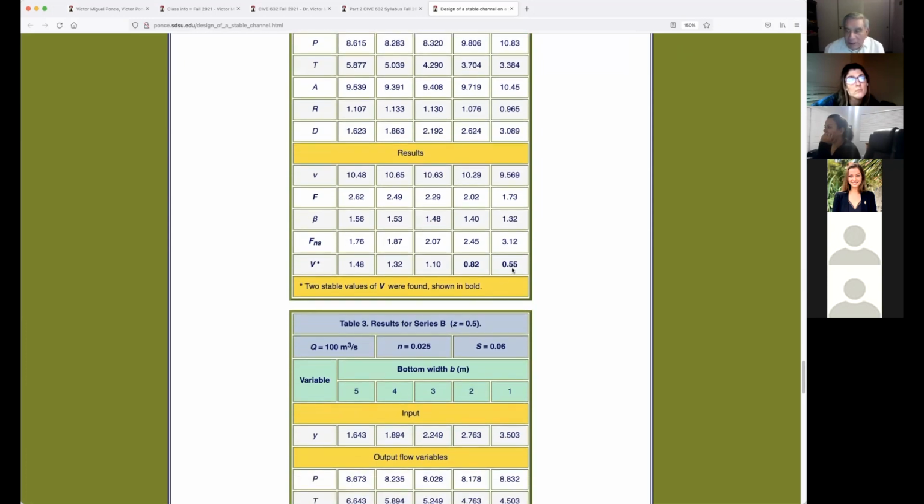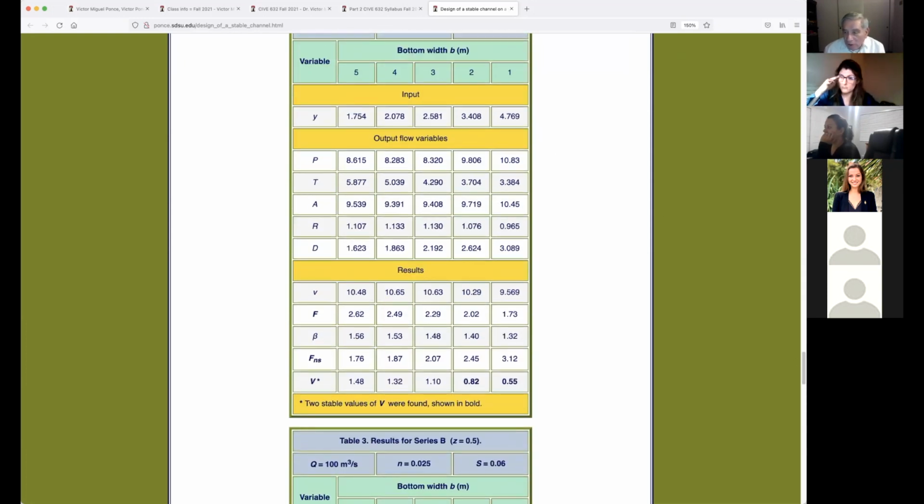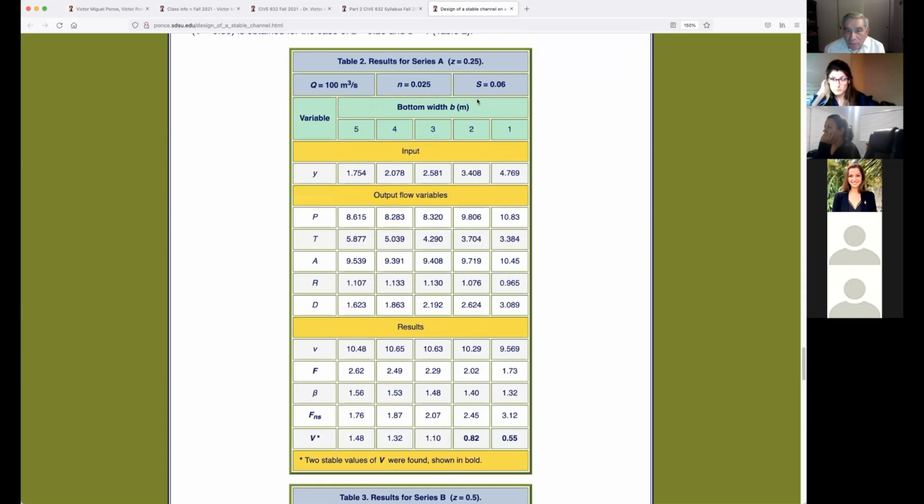That means it guarantees that there's not going to be any roll waves out there. Even 0.82 would be good. Anything below 1, right?